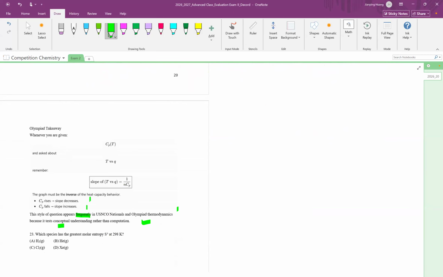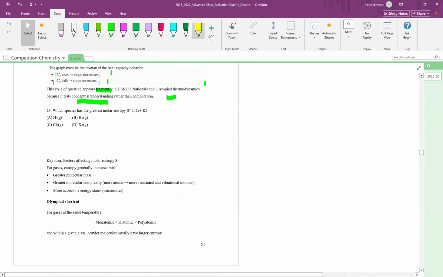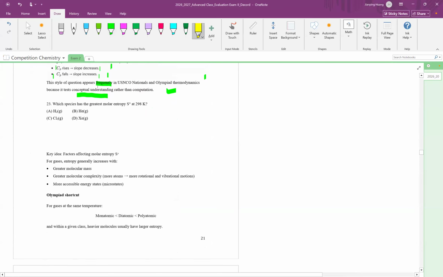Basically, you just need to understand this slope and this relationship. When Cp rises, slope decreases. When Cp falls, slope increases. I think it's a very good one, right? Now go to the next one.